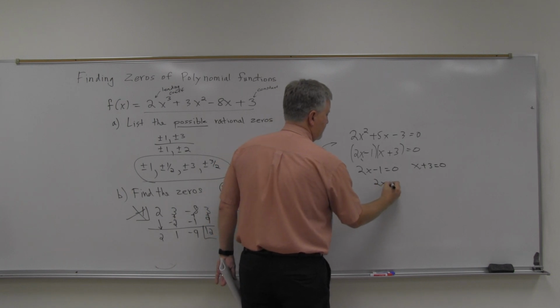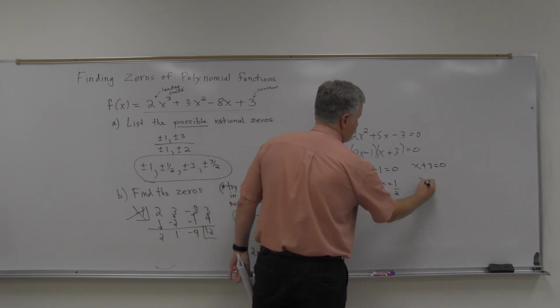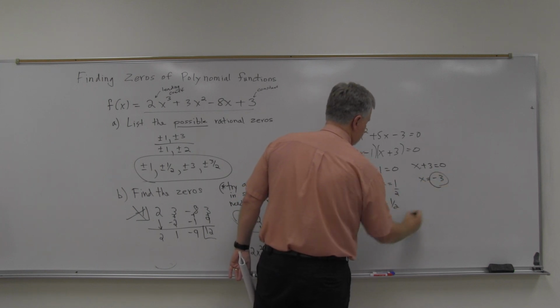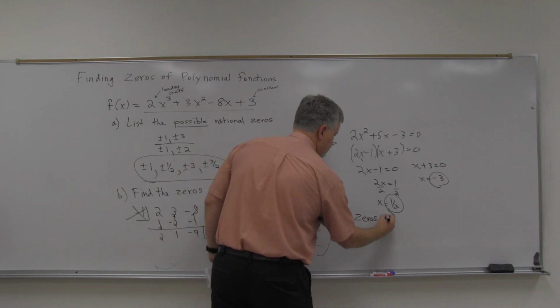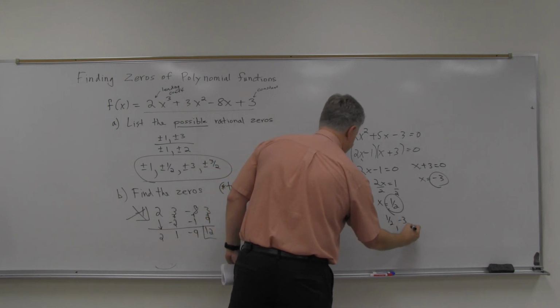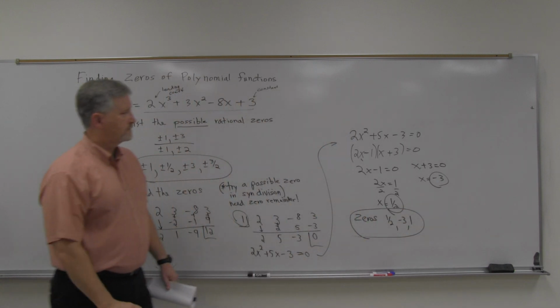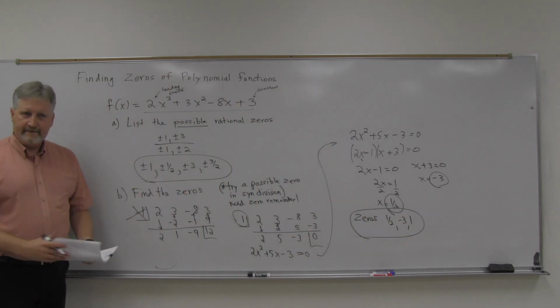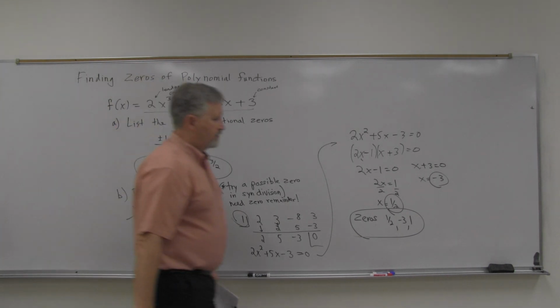Add 1, divide by 2: 1/2 and -3. So there are my zeros: 1/2, -3, and positive 1. Any questions about that?